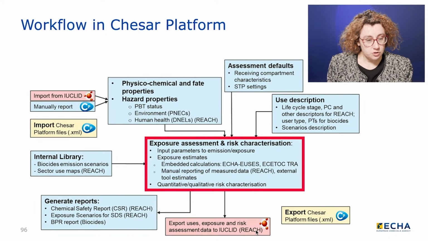You will generate exposure estimates, and then you can do the calculations either with the tools that are already integrated in Chesar Platform, so EUSES, ECETOC TRA, etc., or you can do the manual reporting of measured data or of external tools. Finally, you will do the quantitative or qualitative risk characterization to conclude on your assessment.